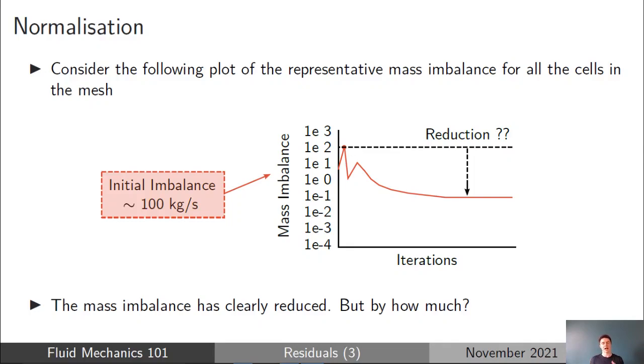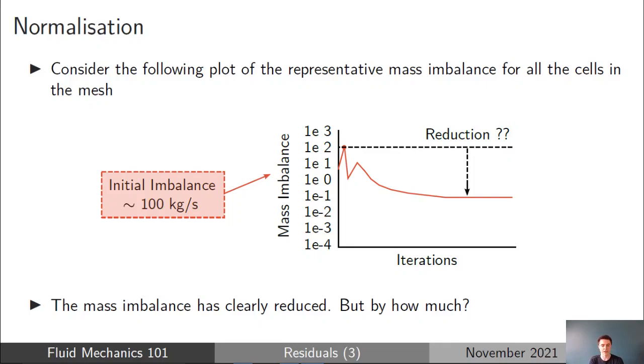And then we've taken a representative value using the L1, L2 or L infinity norm to get a single value that's representative of the mass imbalance for all of the cells in the mesh, and then plotted that on a graph. And these values are not scaled, they're not normalized in any particular way.